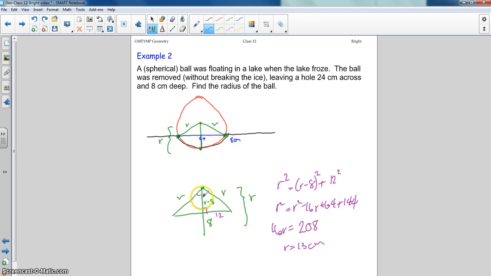So I know that the distance below this line where it would meet the lake is 8 centimeters. And then the other distance here would have to be the other part that adds up to a total distance of r. So that was r minus 8. Okay, and then with that, I was able to construct a right triangle and use the Pythagorean theorem to determine the radius of the ball.